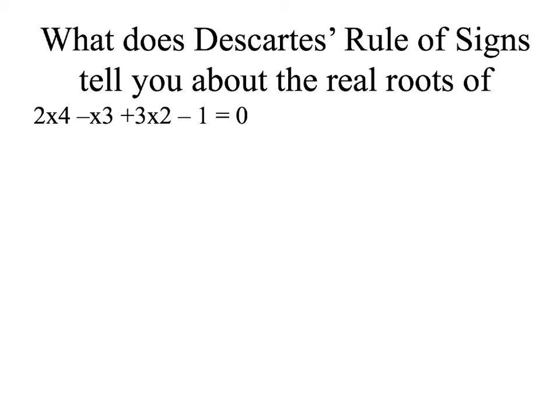So let's just put that into action. Instead of trying to pull it apart, what does Descartes' rule of signs tell you about the real roots of 2x to the fourth minus x to the third plus 3x squared minus 1 equals 0? So for the positive roots, we're just going to go with this as is, and we're going to count the sign changes, keeping in mind that this is a positive term.